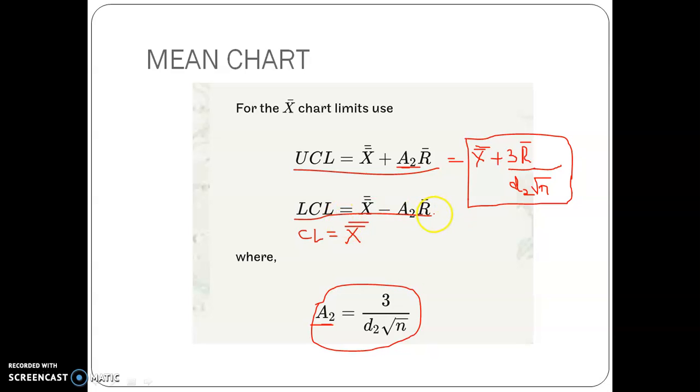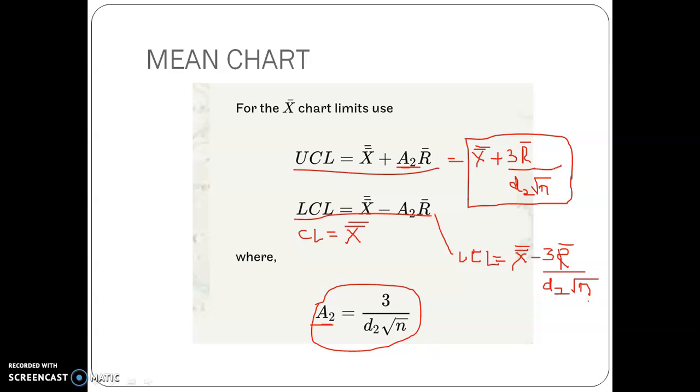In the same way, the alternative formula for LCL in case of the X bar chart will be X double bar, in place of plus we will have minus, and the rest remains the same: 3 R bar divided by d2 under root small n, where small n is nothing but the sample size.